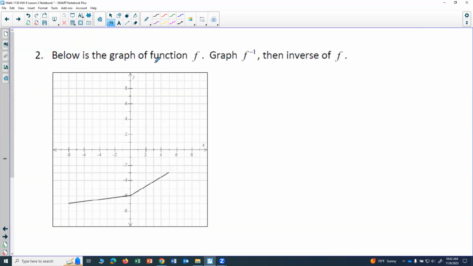Here we have the graph of function f, and we want to graph the inverse of f. So remember that the x and y values switch.